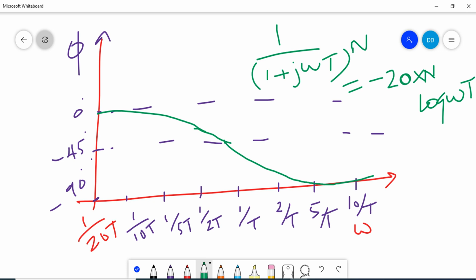The magnitude plot will be a straight line of 0 magnitude for the low frequency region, and for the high frequency region we will have a slope of minus 20 into n dB per decade, and the low frequency and high frequency asymptotes meet at the corner frequency, which is equal to 1 by t. So in the next video we will see the first order factors in the numerator, that is nothing but a simple zero on the real axis.